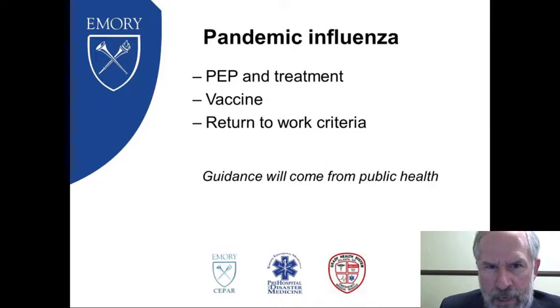For pandemic strains, we would certainly hope there'll be the possibility of post-exposure prophylaxis with antivirals and treatment of those who are infected with a suitable antiviral. We don't know that in any given case, and certainly it's impossible to predict that.